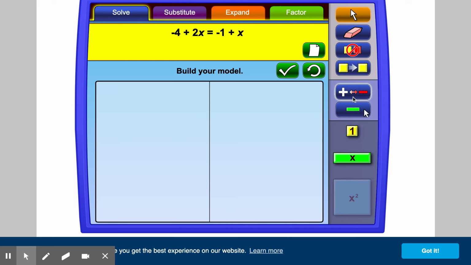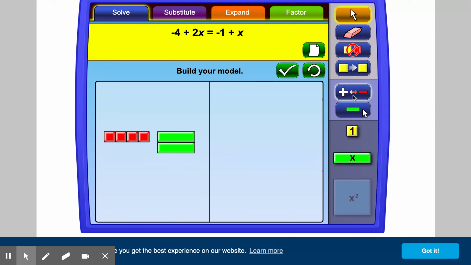So I will start with making negatives. So I have -1, -2, -3, and -4. -4, or 4 -1 tiles, okay? Then I make it a positive, so I can get my 1, 2 positive x's.